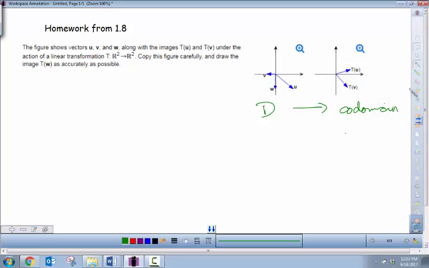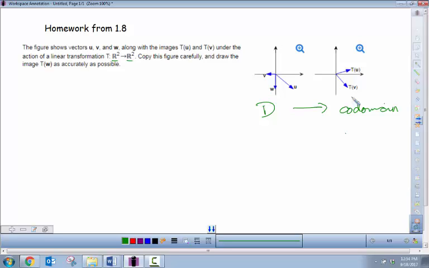So I think we call this a codomain. This is going from R2 to R2, so just looking at 2 dimensions. The figure shows vectors u, v, and w along with the image for u and v, but it doesn't show T of w. It says, copy this figure carefully and draw the image of T of w as accurately as possible.